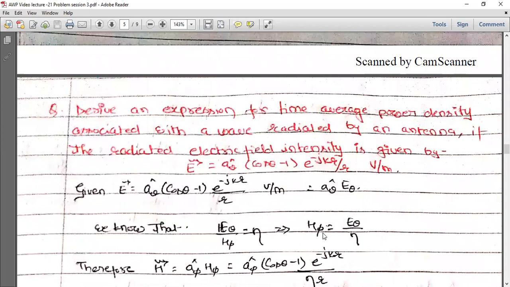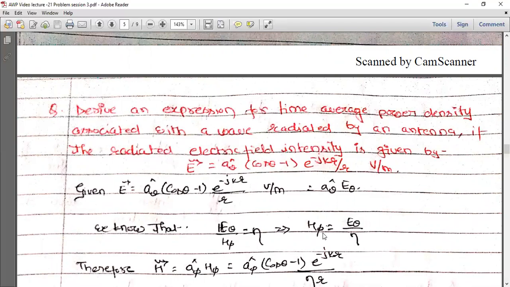So this question is related to distinguishing the interpretation of Poynting vector and the time average power density. Later on, after completion of the numerical, I will try to explain what is the difference between time average power density and the Poynting vector.